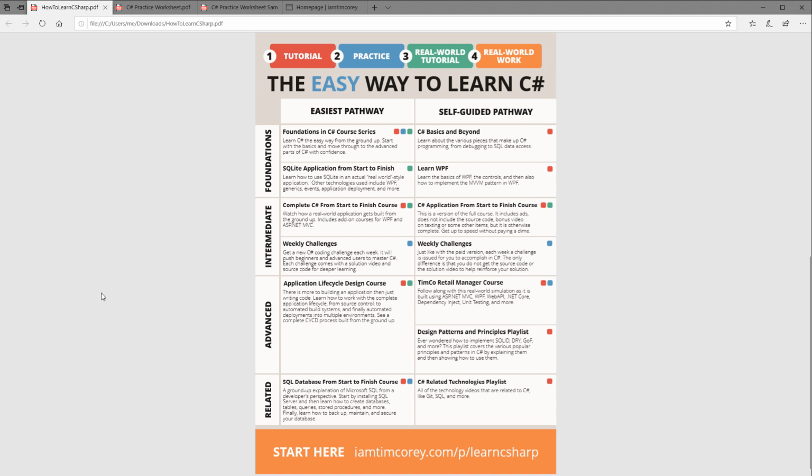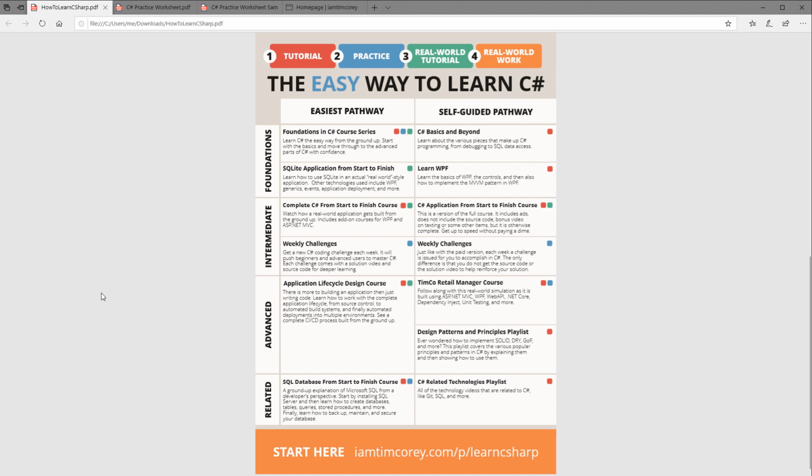Now, you are always going to need to pay in some manner to learn C#. You either pay with money to have a quicker learning experience, or you pay in your time and go down the self-guided path. Either way, I will support you as best I can. So that's the first resource I'm giving away today.